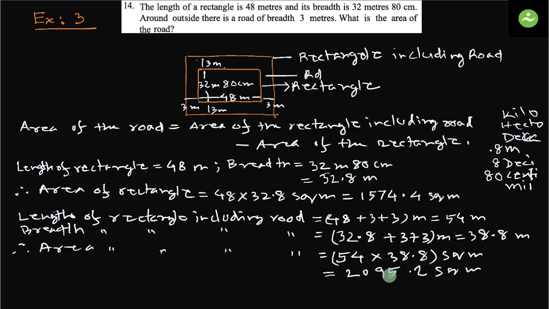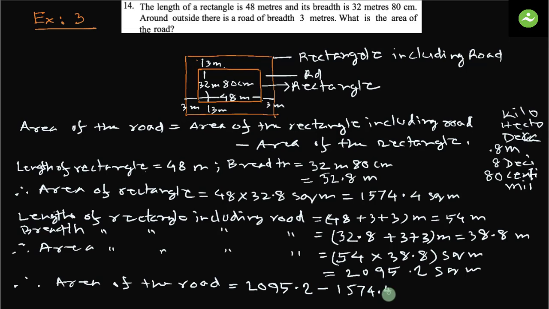Now we have the area of both rectangles. If we deduct the area of the rectangle from the area of the rectangle including road, therefore the area of the road equals 2095.2 minus the area of the rectangle, which was 1574.4.